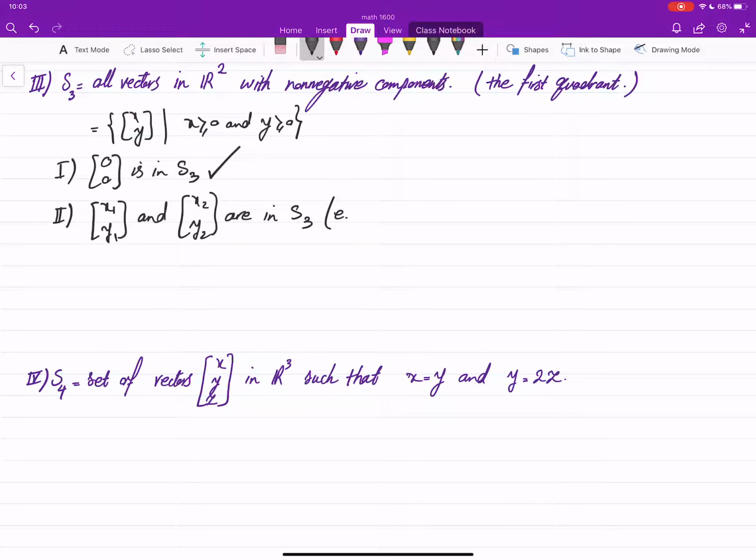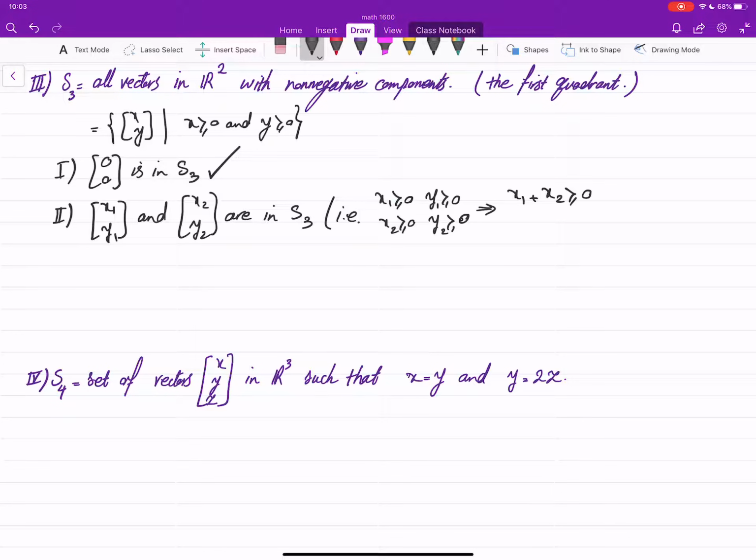That means that x1 is non-negative, y1 is non-negative, x2 is non-negative, y2 is non-negative. And from this, you can conclude that x1 plus x2 is non-negative.